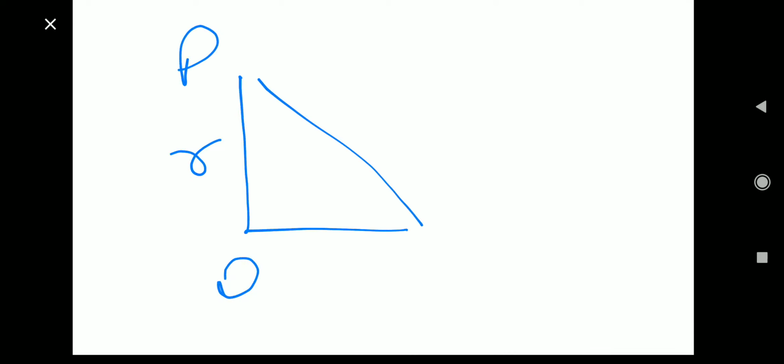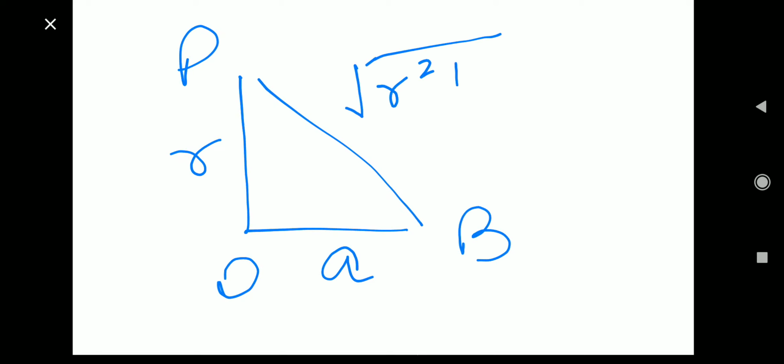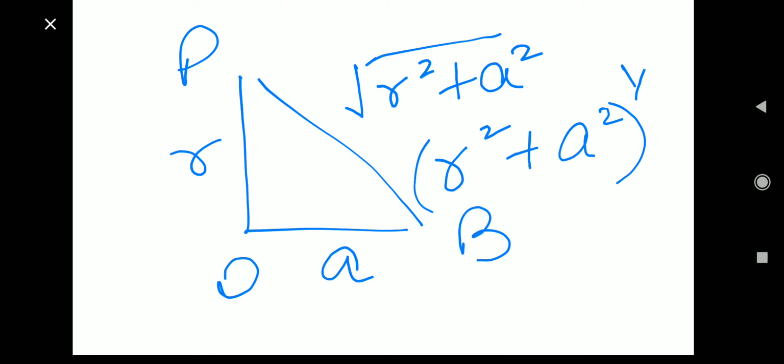If I can show you, see, this was R, this is O, this is point P, and this is B, right? And this distance was A. Now if you apply the Pythagoras theorem here, we will get the result R square plus A square in square root, right? Writing in square root, we can say we are writing this whole quantity to the power 1 upon 2, correct?